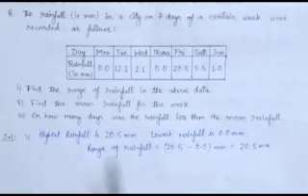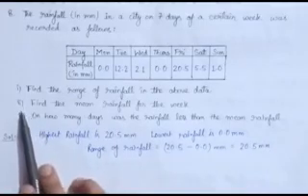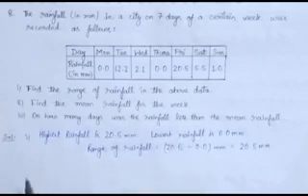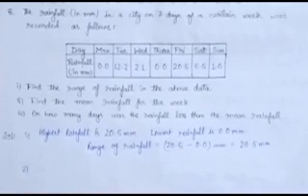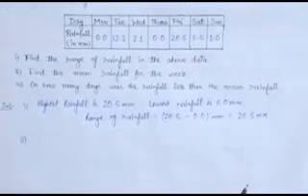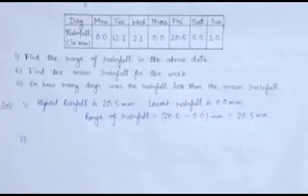Now let us see the second part. In the second part, we have to find the mean rainfall for the week. So students, how to calculate the mean? Mean can be calculated by taking the sum of all the observations divided by the number of observations.